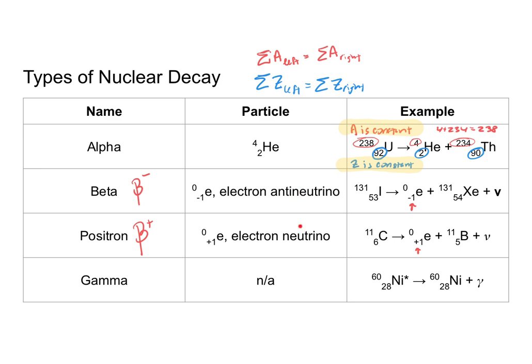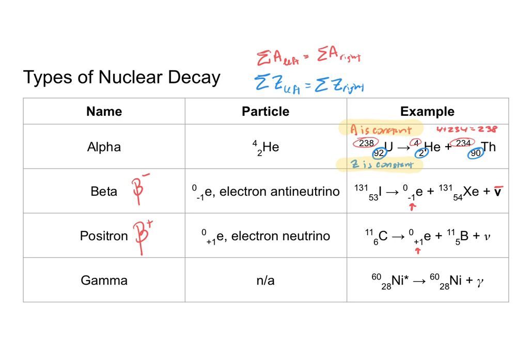But the reason that both of these two particles exist is because my momentum in my equation needs to be conserved. For my neutrinos, I'm using the symbol nu, which is the Greek letter. And for my antineutrino, I just add a bar over the top to show that it's an antiparticle, not a real particle. And again, we'll get into a little later what that actually means.